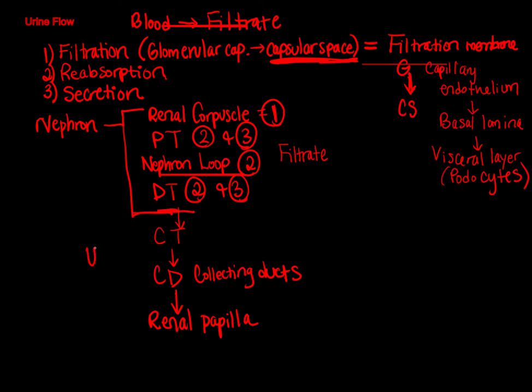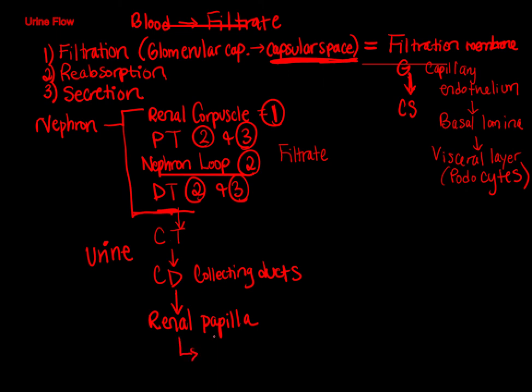Now, after we leave the nephron, we can actually now call this urine, because after it leaves the distal tubule, we're actually not going to do anything with the filtrate anymore as far as reabsorption, secretion, or modifying the contents further. And so we can call it urine from here on.